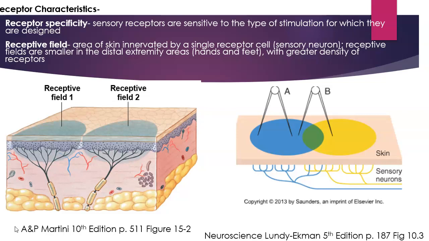So this is an example. OTs do a lot of 2-point discrimination tests, and I'll show you the tool at the end of the lecture, because they are really interested in what the sensation is in your skin for all of the specific OT activities they're going to be working on, things like buttoning a shirt, picking up coins, all those fine motor skills.